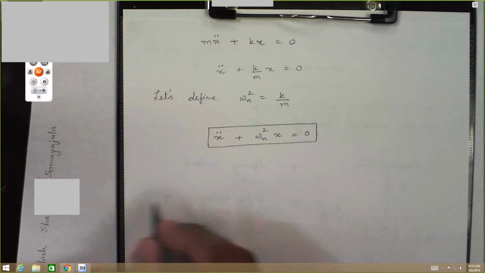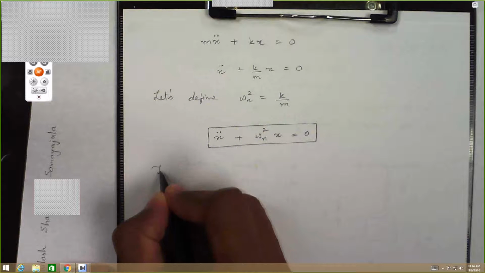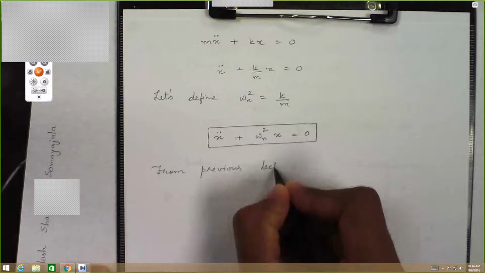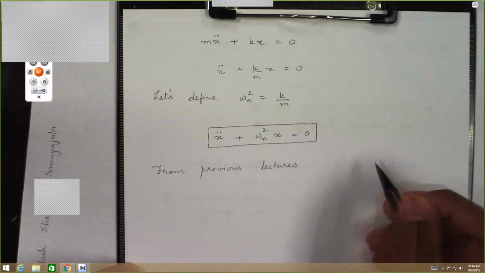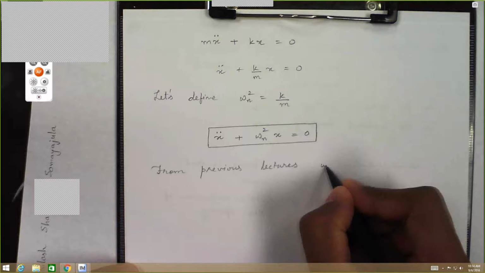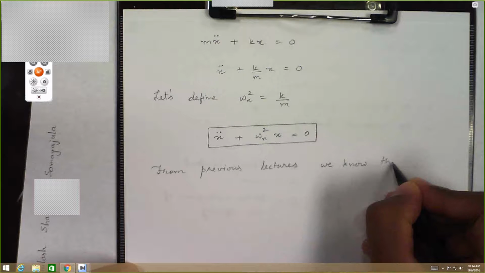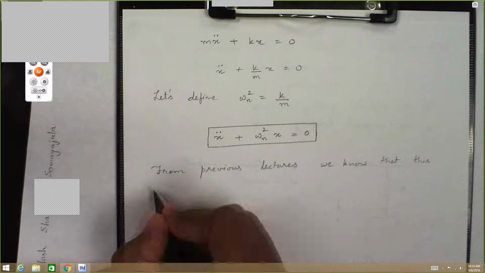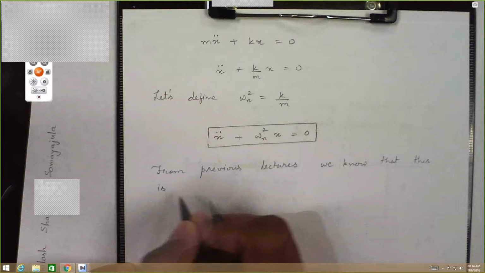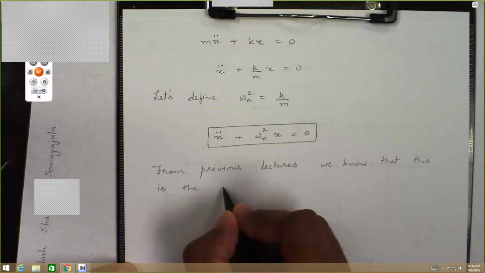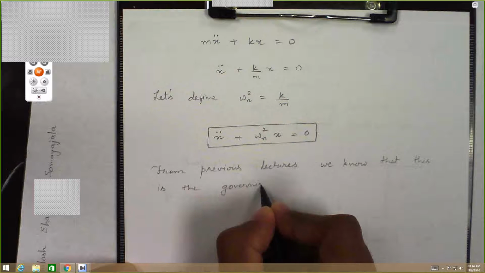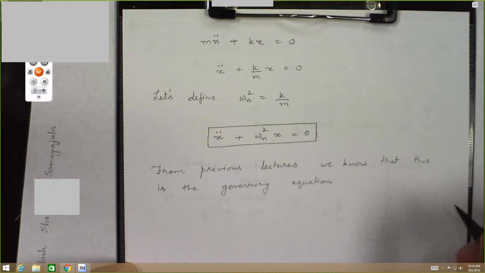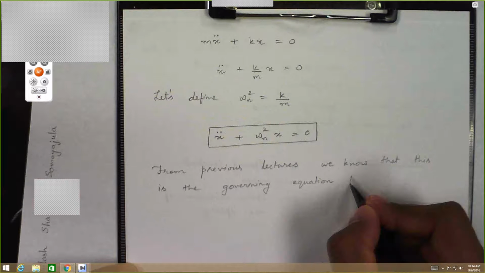So, from previous lectures, we know that this equation is the governing equation for harmonic motion.